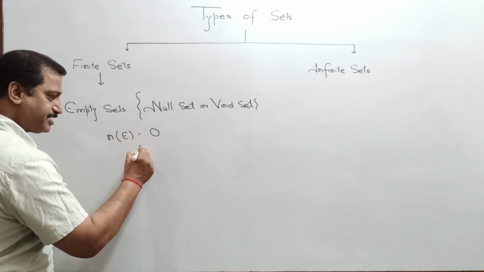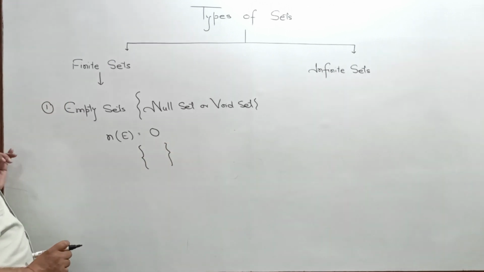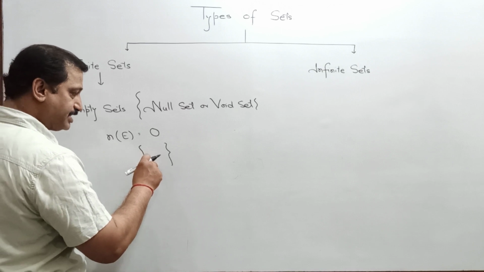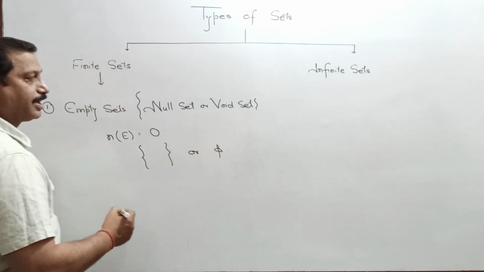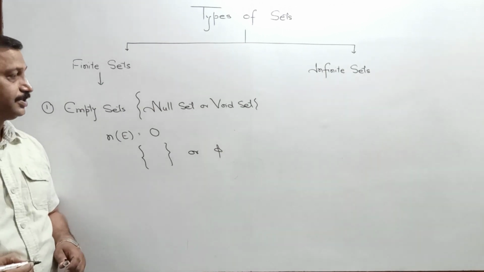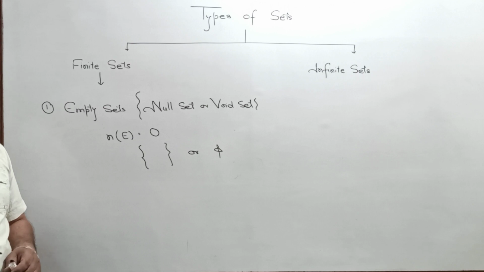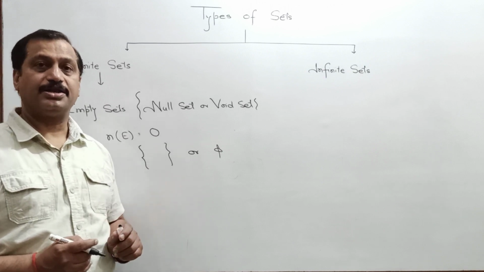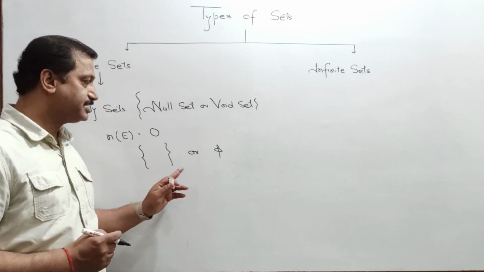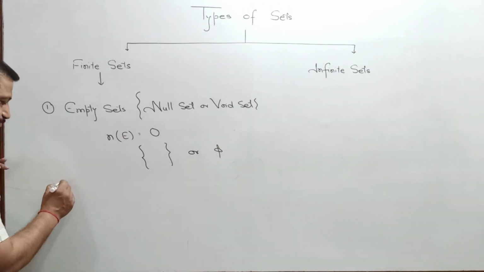It is represented by only curly bracket, no element in this set. Example, a set of a negative natural number. कोई भी नेचुरल नंबर नेगेटिव नहीं होता, तो इस सेट में कोई भी एलिमेंट नहीं आएगा, तो दिस इज एम्प्टी सेट.